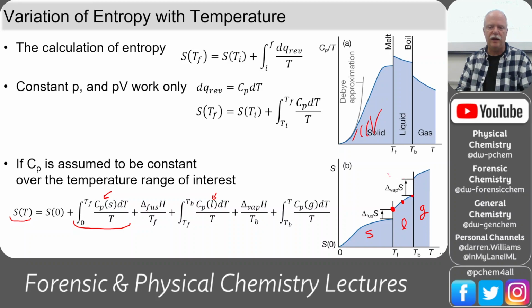Then you would take into account the enthalpy of vaporization divided by the boiling point. And if you were somewhere here in the gas, then you would calculate from the boiling point up to whatever your final temperature was, using the heat capacity for the gas. And so, let's say this was room temperature for some gaseous substance, this is how we calculate those entropies in the tables.